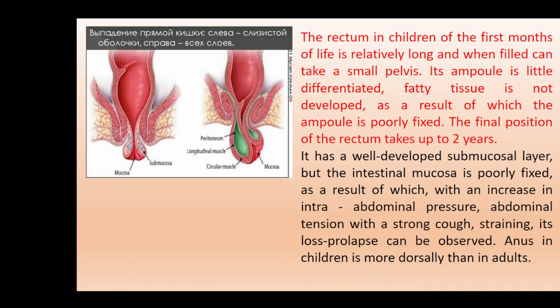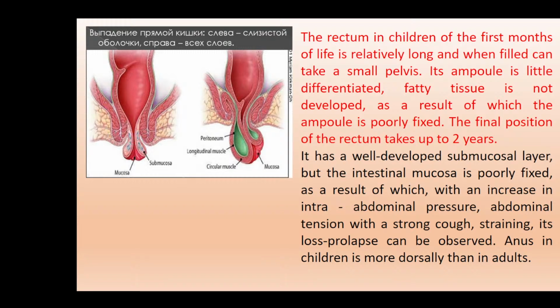It has well-developed submucosal layers, but the intestinal mucosa is poorly fixed, as a result of which, with an increase in intra-abdominal pressure, abdominal tension, strong cough, or straining, its prolapse can be observed.